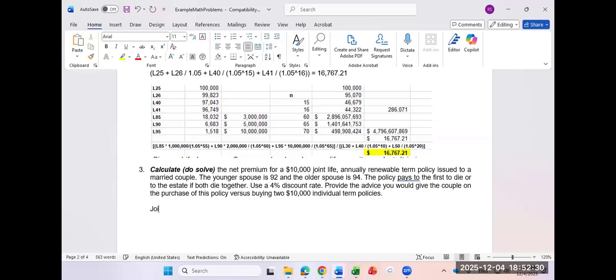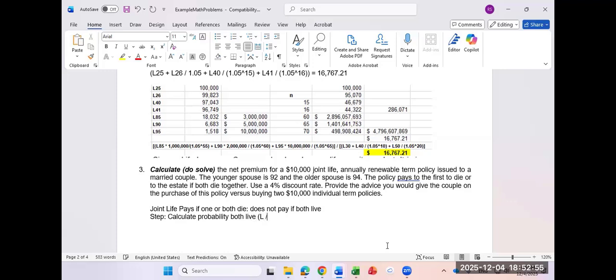So a joint life policy pays if one or both die. Does not pay if what? If both live. All right. So step one, calculate the probability both live.